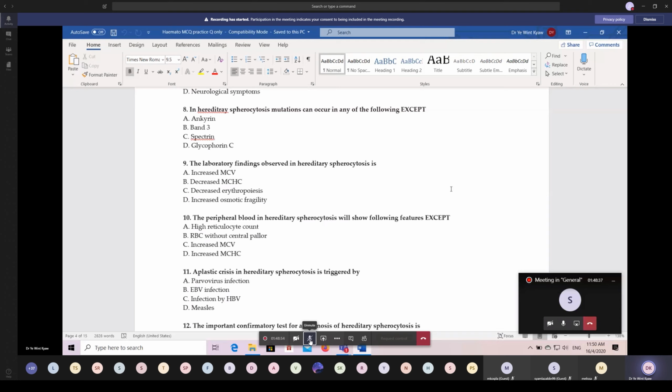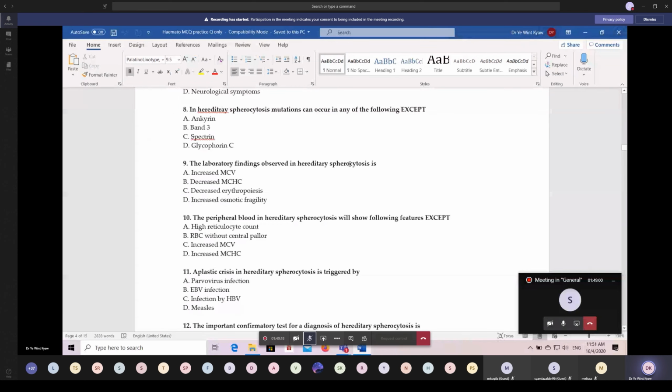This is increased osmotic fragility, because spherocytes are not biconcave in shape. When you put this cell in a hypotonic concentration, the water can enter, and osmotic fragility means the RBC can burst very easily, because the spherocyte is already round in shape.